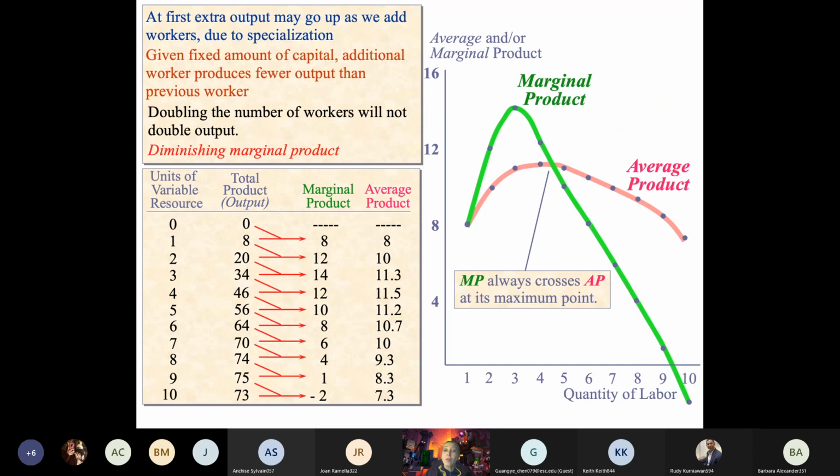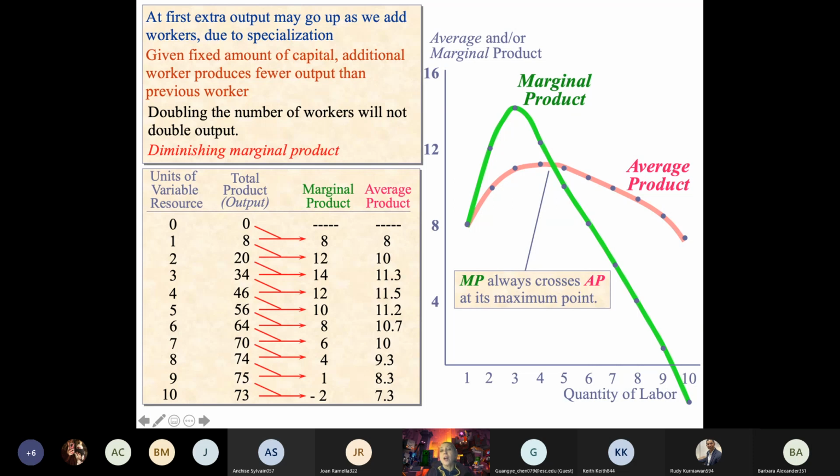And we could also compute average product of 2 workers, average product of 3 workers. So the output, not by an extra hired worker, but of the 3 of them together, of the 4 of them together. And it kind of almost mirrors the marginal product.